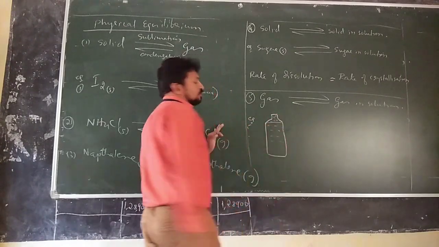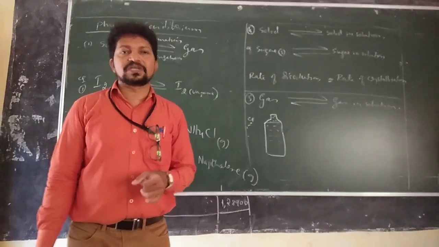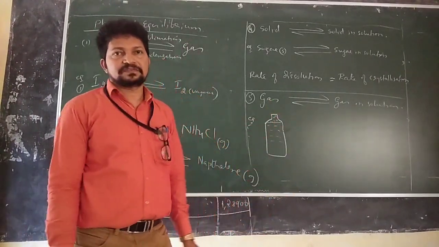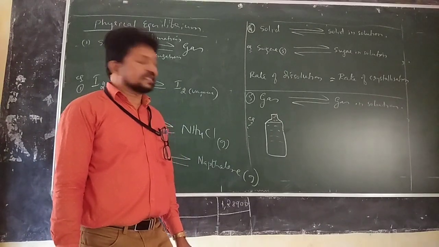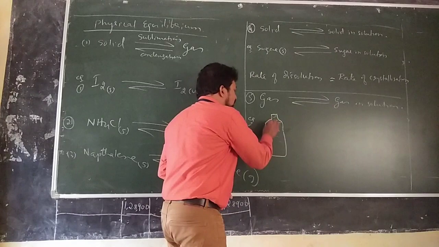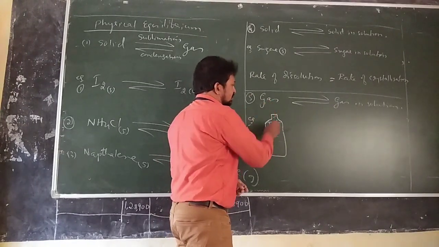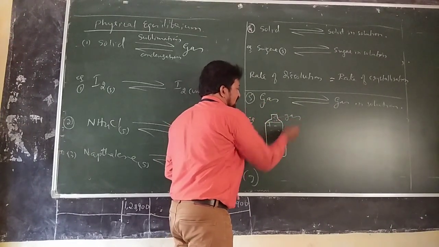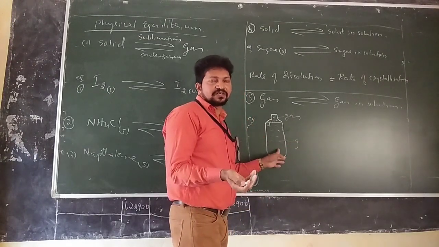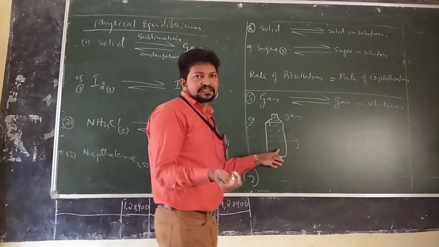It is impossible to prepare a soda bottle without a gap here. Understand? So what is going on? This is the gas phase, and this is dissolved gas, soda. You all have experienced drinking soda.